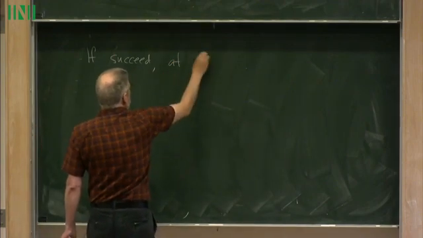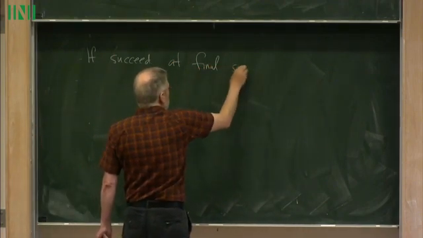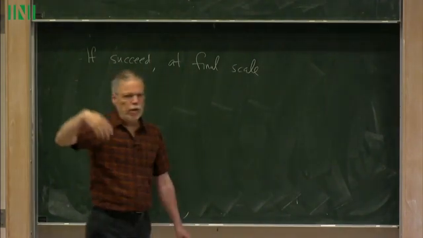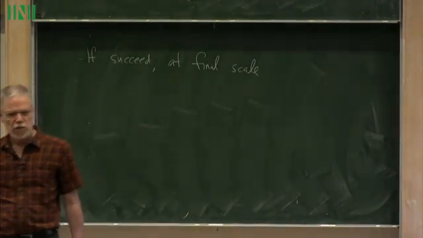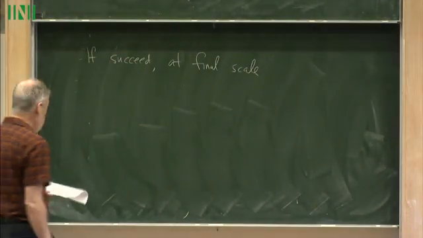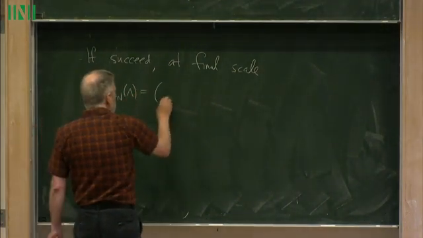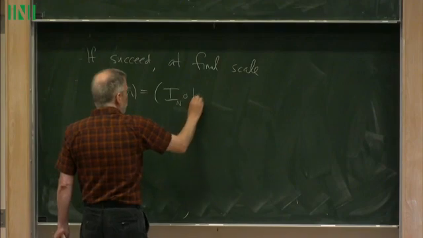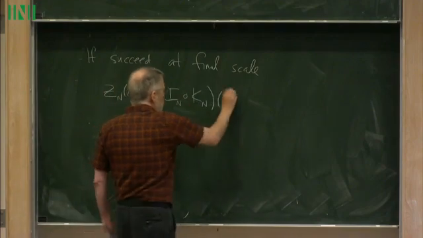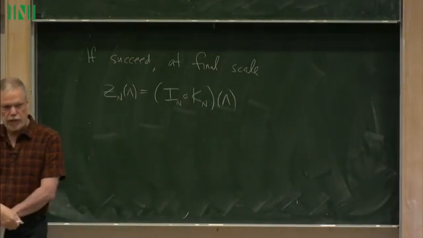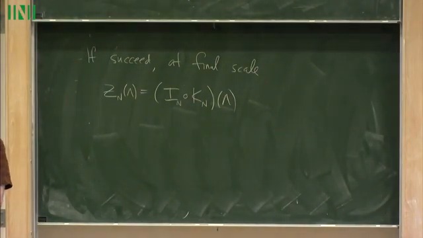then what happens at the final scale? That is, we manage to carry this out and get all the way to the final scale, scale n. Zn of lambda will be In circle Kn of lambda. But remember, this circle product is scale dependent. And at the final scale, there's only one block.